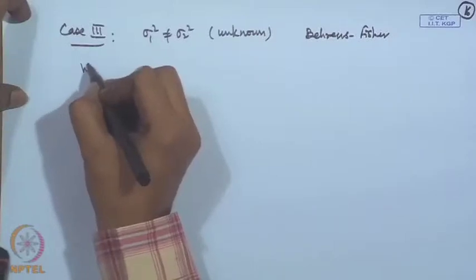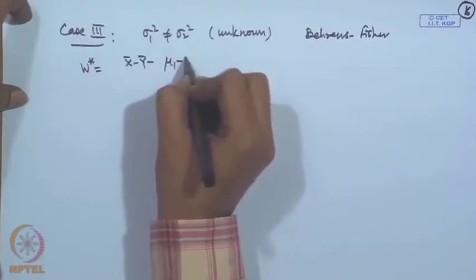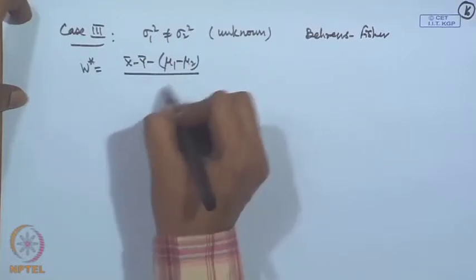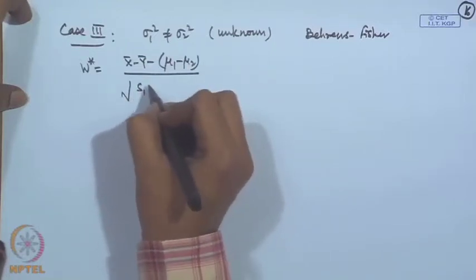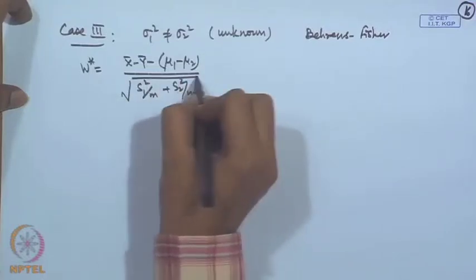So, approximate procedures were proposed, and one procedure is based on, let me call it W star, that is x bar minus y bar minus (mu 1 minus mu 2) divided by square root of S 1 square by m plus S 2 square by n.